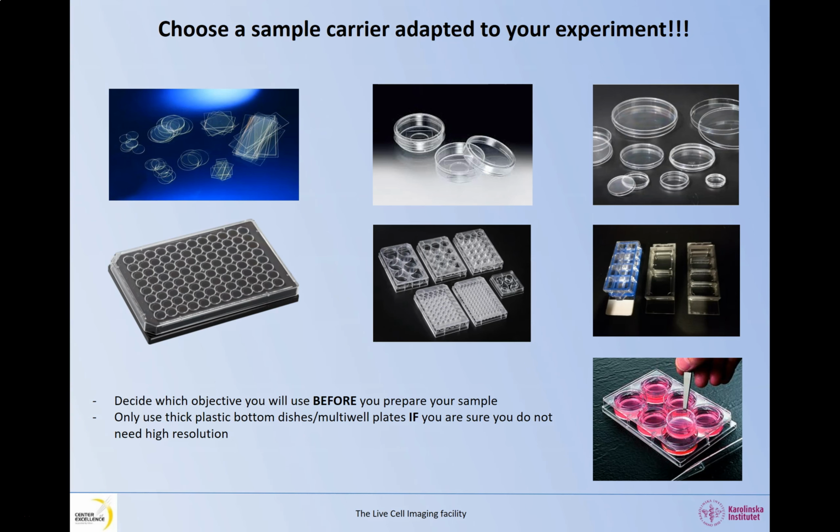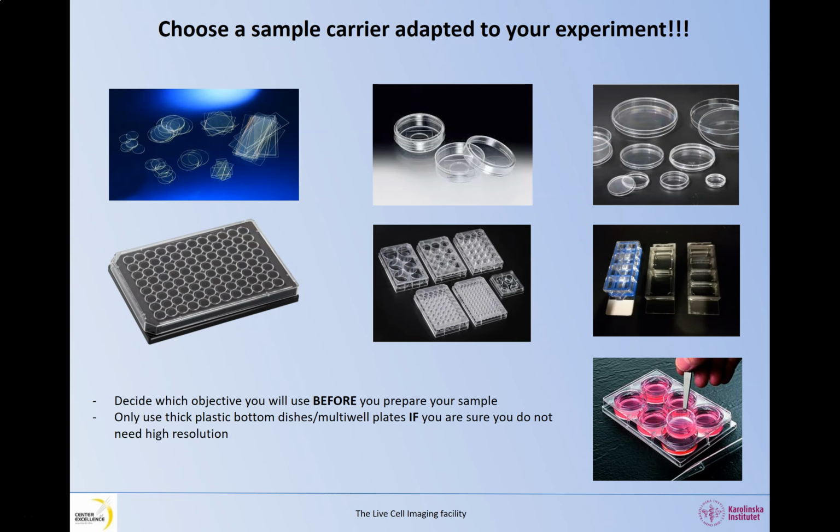Choose a sample carrier that is adapted to your experiment. There are many types of carriers that you can choose from: cover slips of different shapes and sizes and thicknesses, to glass or plastic bottom dishes, multi-well plates, and multi-chamber slides.